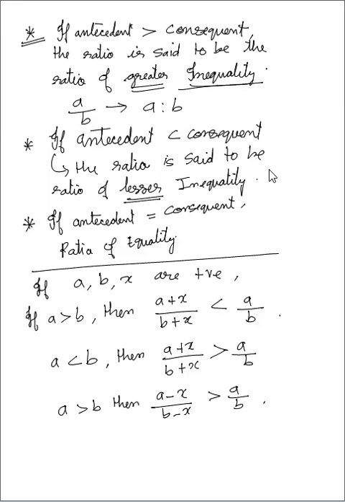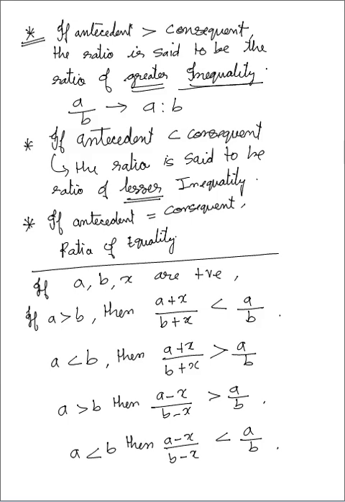And last case is a less than b, and I am subtracting x from both the sides, numerator as well as denominator, then it will be less than a by b. So these relations you have to remember. Actually it is very obvious, no need to mug up, but still you can keep in your mind.